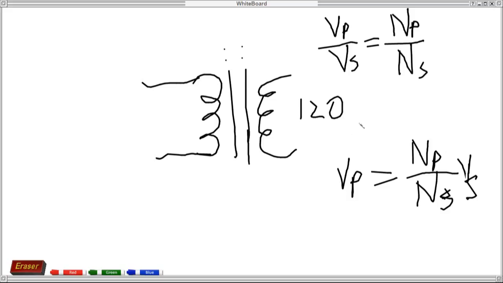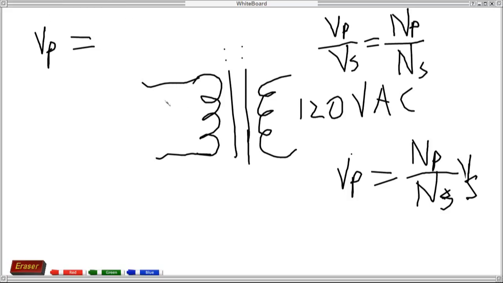So anyway, your primary voltage. Let's say, for example, this is a 10-to-1 ratio. So what we have here is 120 volts AC, and we don't know our primary voltage yet.